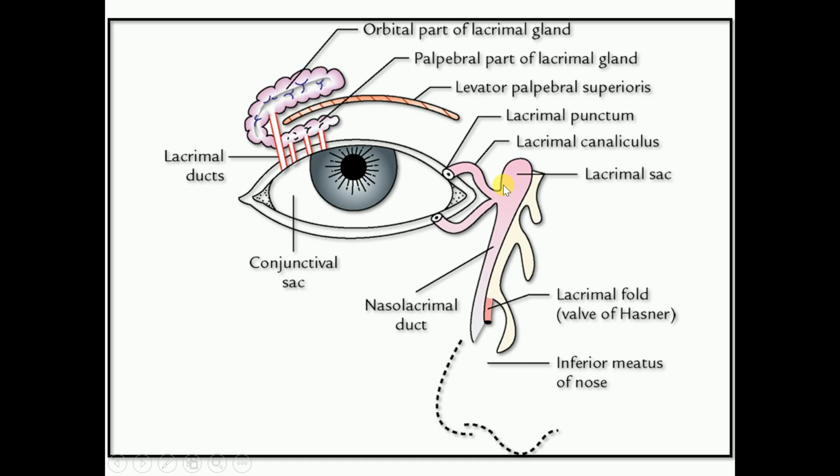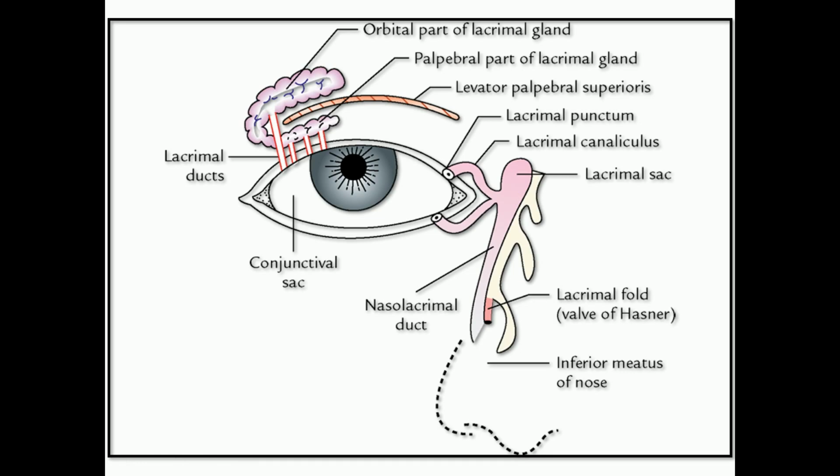Now what is the lacrimal sac? The lacrimal sac is a blind-ended membranous sac, about 12 millimeter long and 4 to 5 millimeter wide. It is present within the lacrimal groove, in the lacrimal bone of the medial bony wall of the orbital cavity.